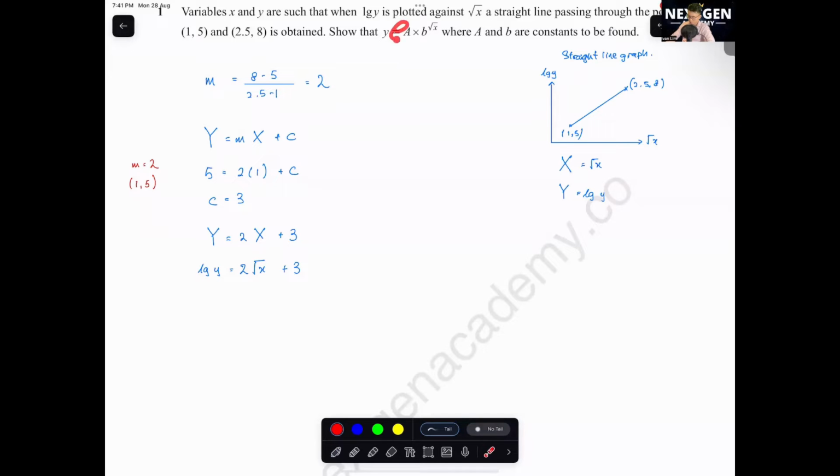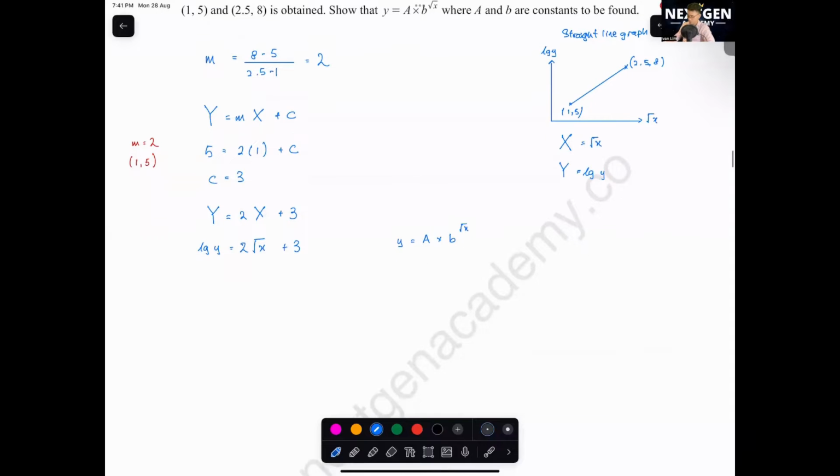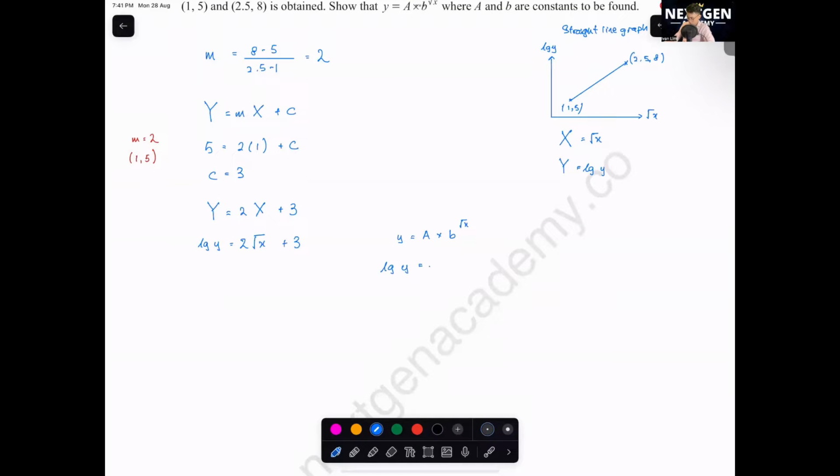However, they want us to find a and b from this equation here. What I want to do is change this to a linear equation. This is non-linear form. I'm going to change it to linear form and then compare with the values over here. So I'm going to start from here: y equals a times b to the power of square root x. I put log on both sides.